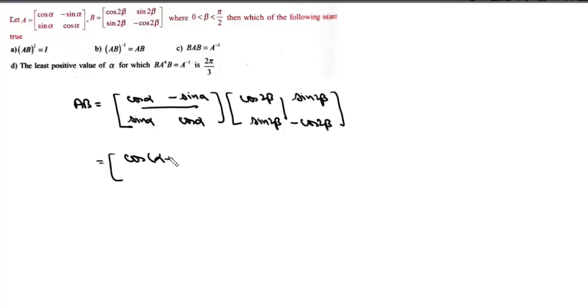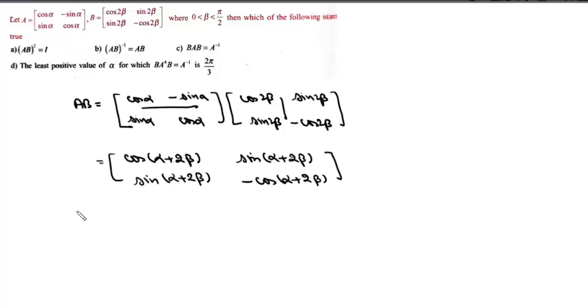So this is cos(alpha plus 2 beta). And here it is cos A sin B plus sin A cos B. So it will be sin(alpha plus 2 beta). Now here this is sin A cos B plus cos A sin B, which again is sin(alpha plus 2 beta). And here it is sin A sin B minus cos A cos B. So it will be minus cos(A plus B), which is minus cos(alpha plus 2 beta).